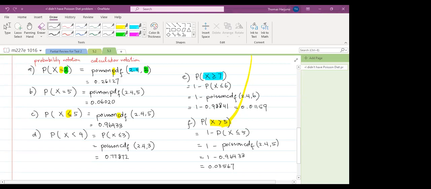I will start with the number of hurricanes first. Let's see this. Give me a sec. Here's the information.